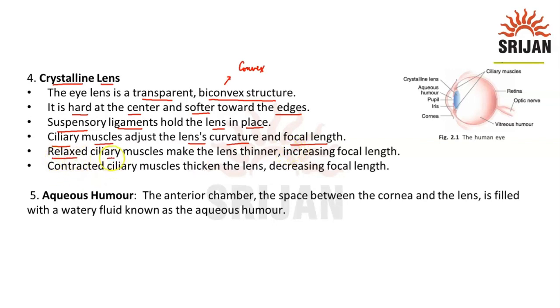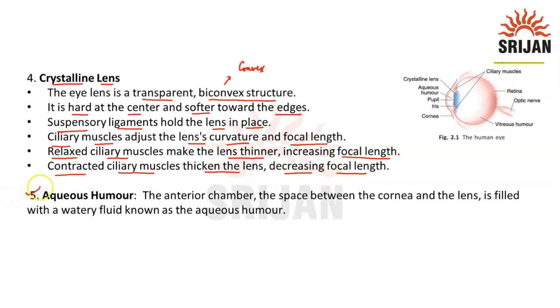The relaxed ciliary muscles make the lens thinner, thereby increasing the focal length, and the contracted ciliary muscles thicken the lens, decreasing the focal length, depending upon whether the object is nearer to the eye or far away from the eye.